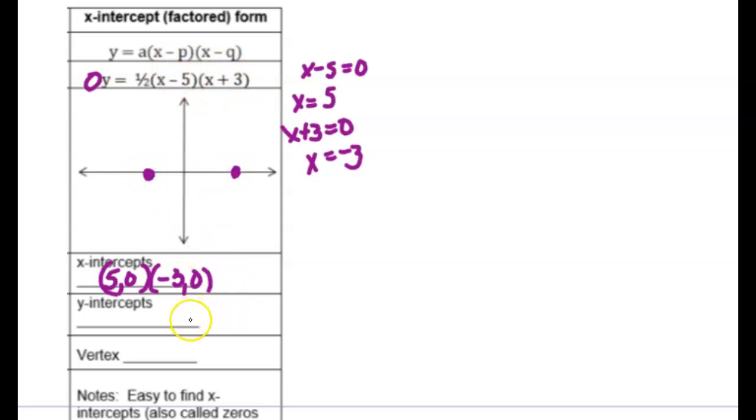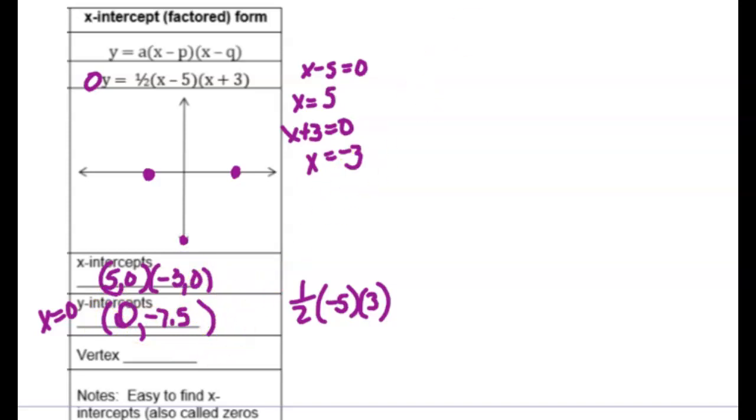Okay, the y-intercept, how do we find the y-intercept again? X equals 0, so we would have 1/2 times 0 minus 5 times 0 plus 3. Half of negative 15 is negative 7.5. So down here somewhere at negative 7.5 would be the y-intercept.